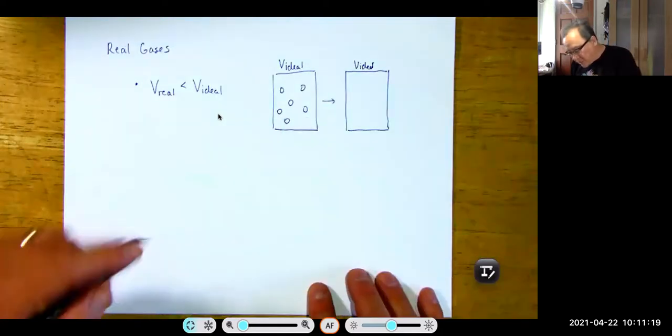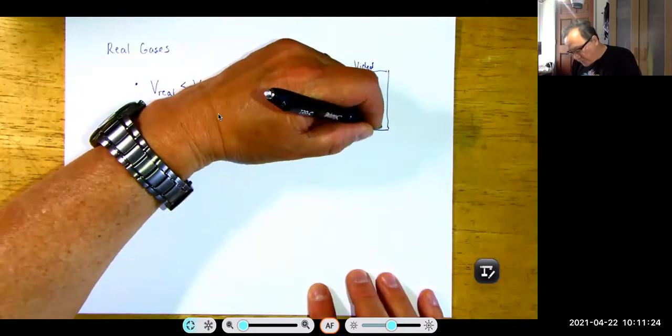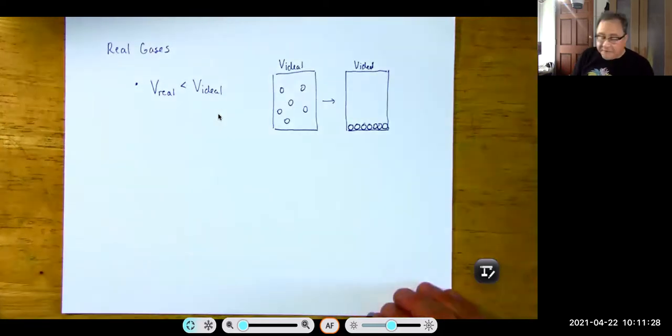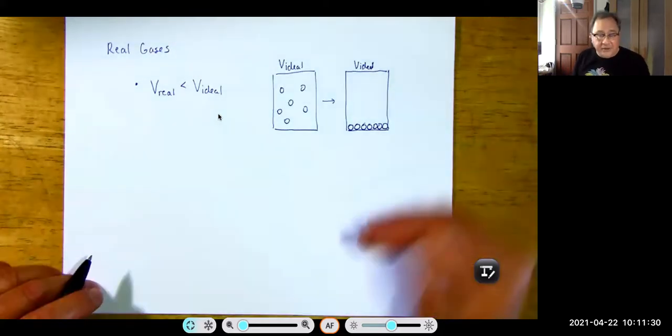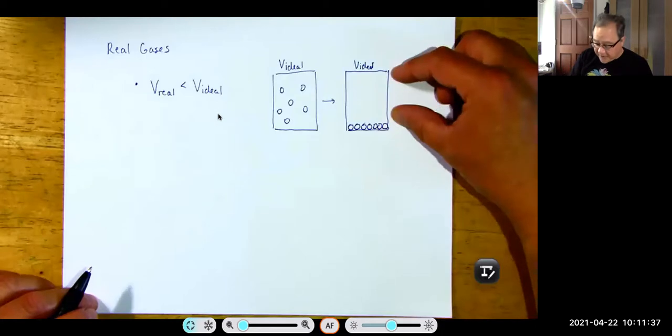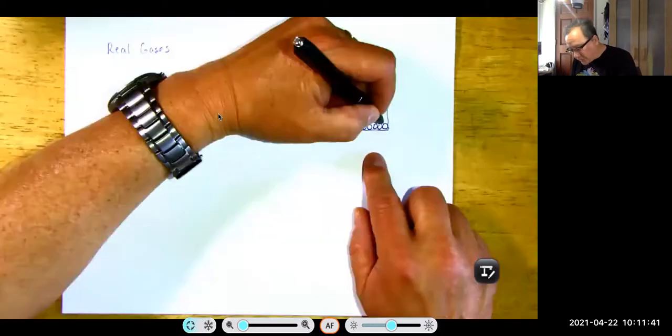Now, let's say that we turn all those particles into a liquid. They fall to the bottom of the container and fill up the bottom. They're not going to fill up the whole container because gases are mostly space, right? Up here we have the space between the particles. Down here we have the particles themselves. I'm going to circle this right here.